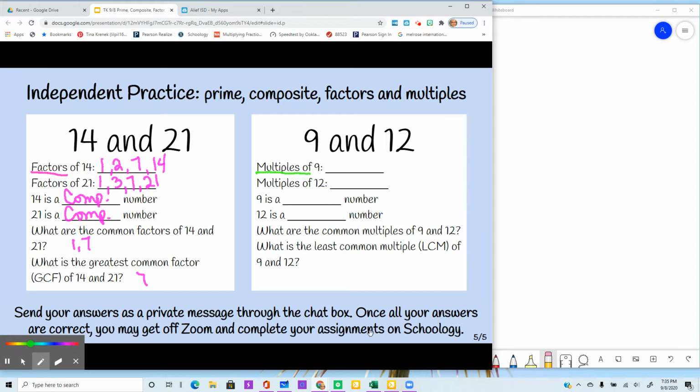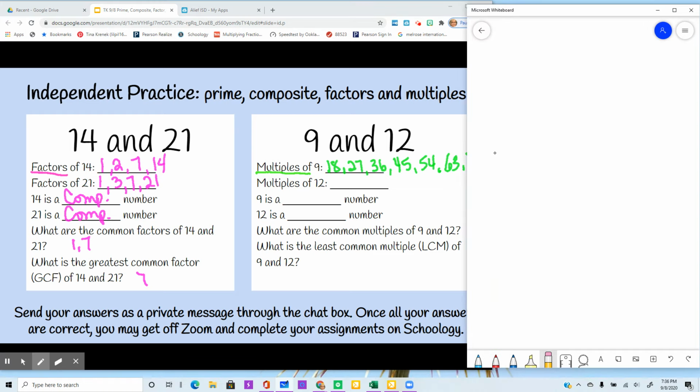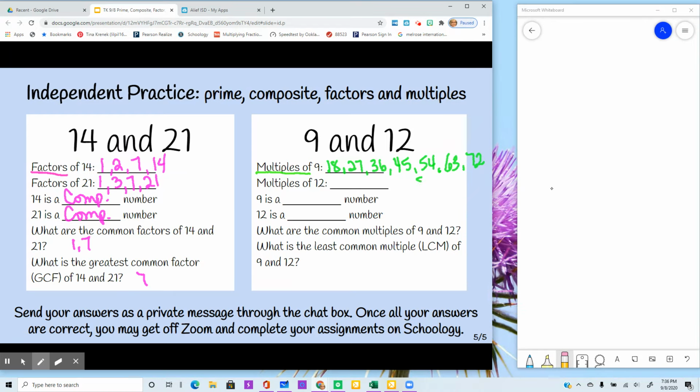Now we're going to look at our multiples. We just did the 9s. 9s, 18, 27, 36, 45, 54, 63, 72, 81, 90, 99, 108.